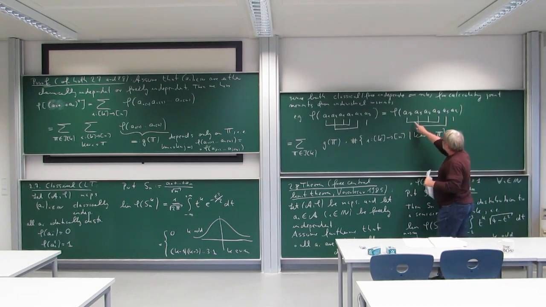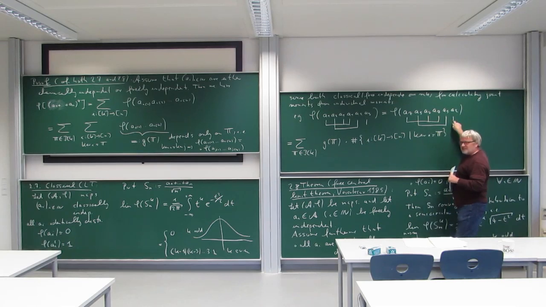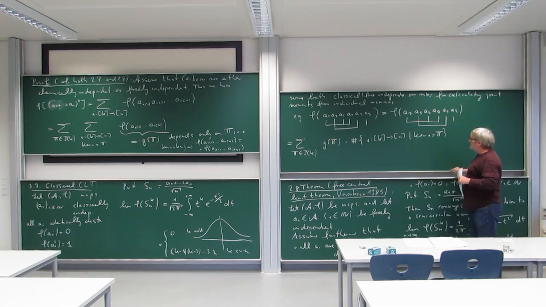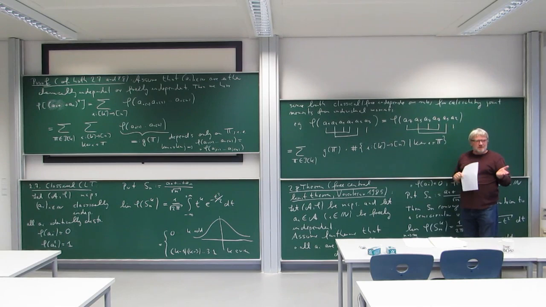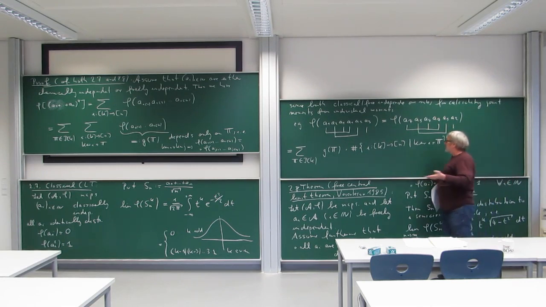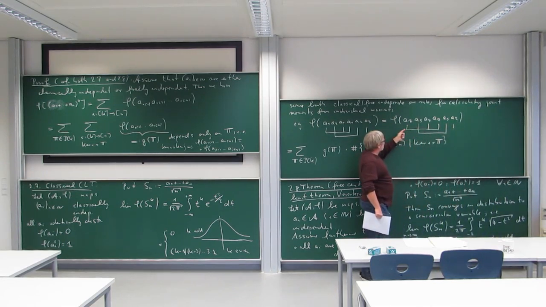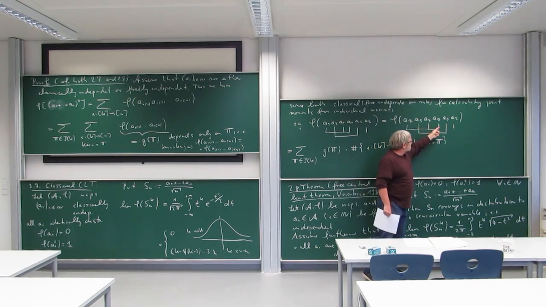So how many possibilities are there for multi-indices of having such a kernel? The indices which I have at my disposal are 1 up to n, and having this as a kernel tells me that at these positions I must have the same index. Okay, so let's start here. Let's take this block, and I have n possibilities for putting an index here.